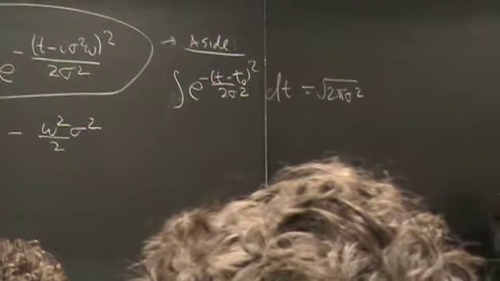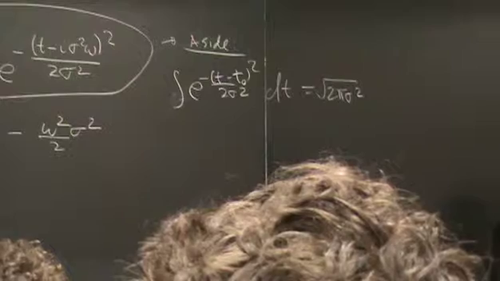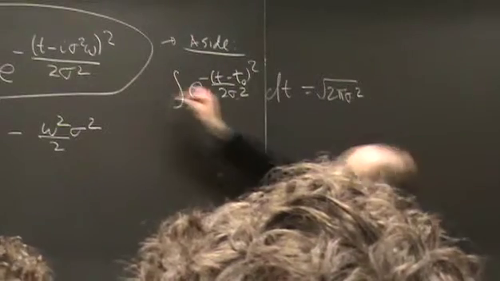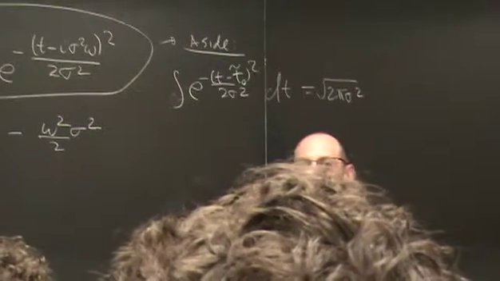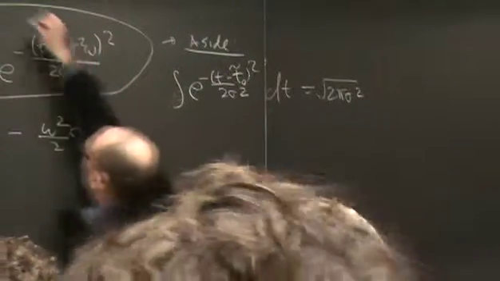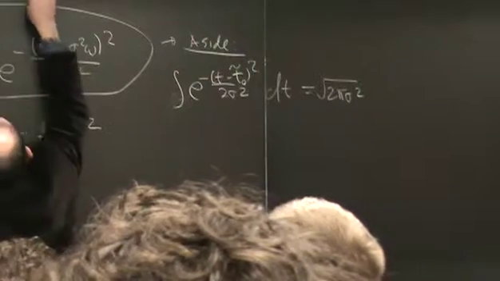Because that's the normalization of the Gaussian. And since it doesn't even matter, this could be a complex t tilde, it's still true. So this is the square root of 2 pi sigma squared.